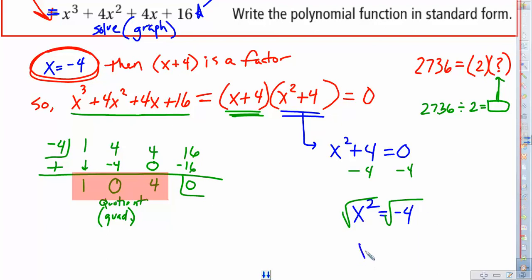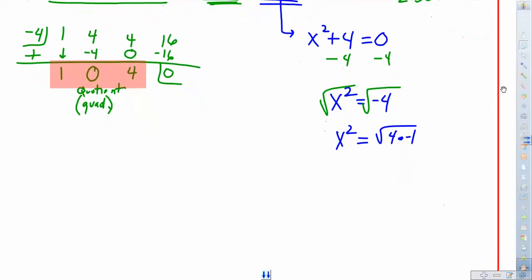And remember, when you take a square root, you don't get just one answer. You get two answers. Do you see why I broke that apart into positive 4 times negative 1? Oops, I forgot to take that square root off there. There we go.